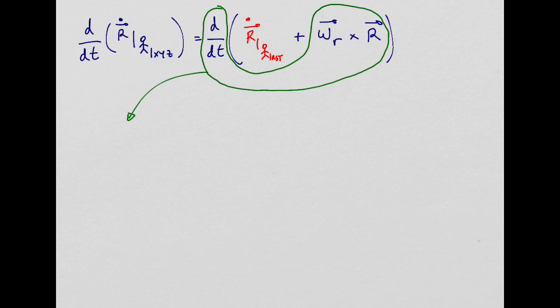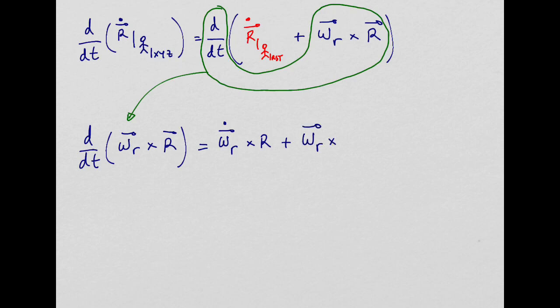So what I'm going to do now, d dt of WR cross product with R. This is equal to WR dot times R plus WR cross product with R dot. Okay?